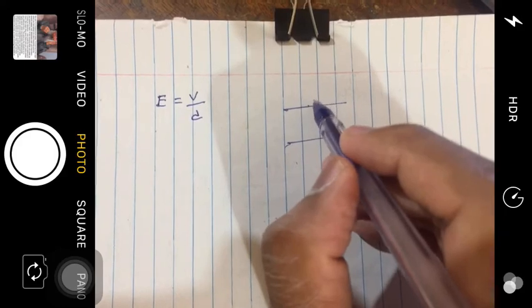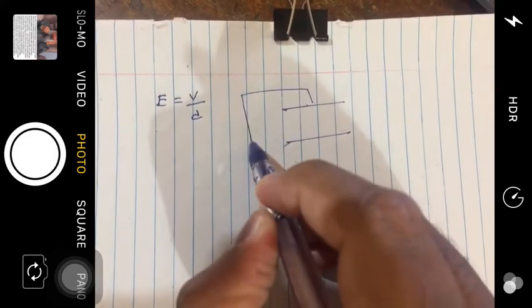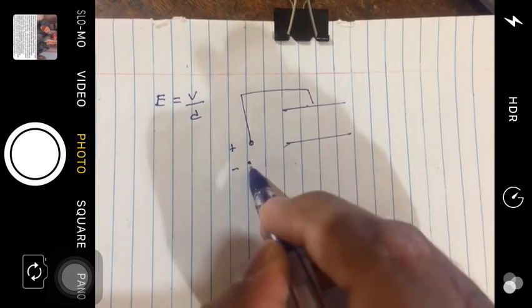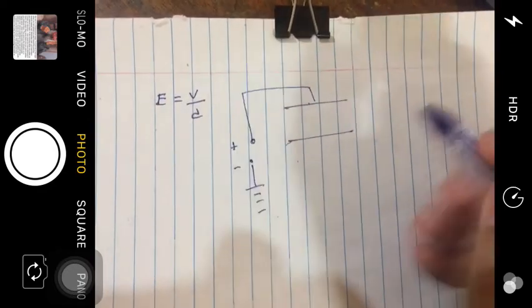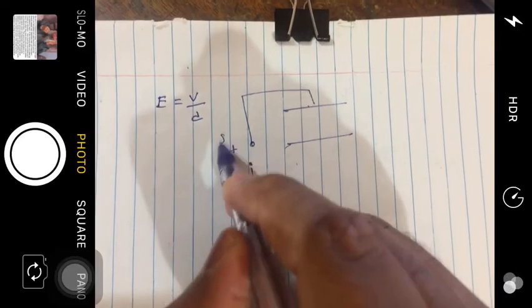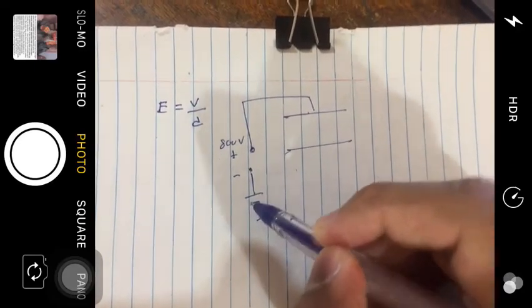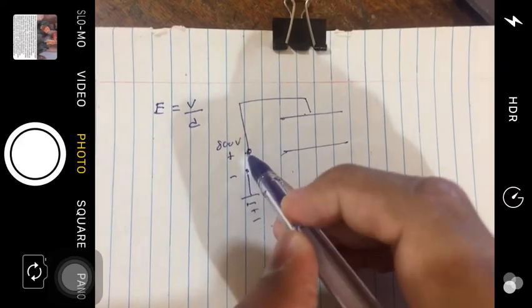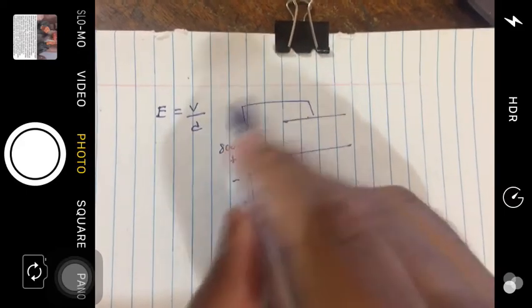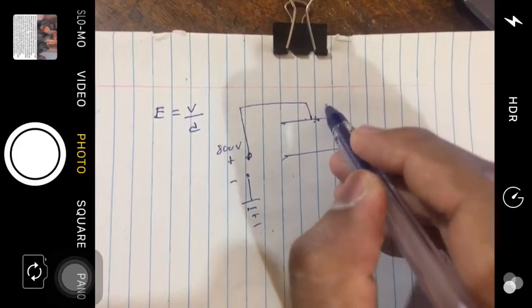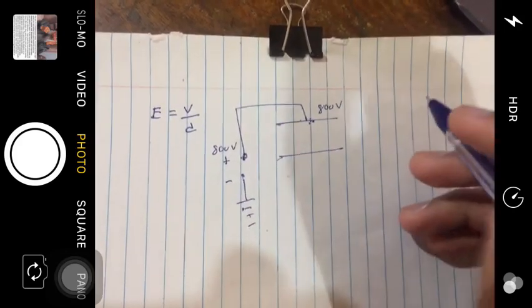This 800 volts means that compared to the earth, this point is at 800 volts more, right? So the potential at this point is 800 volts.